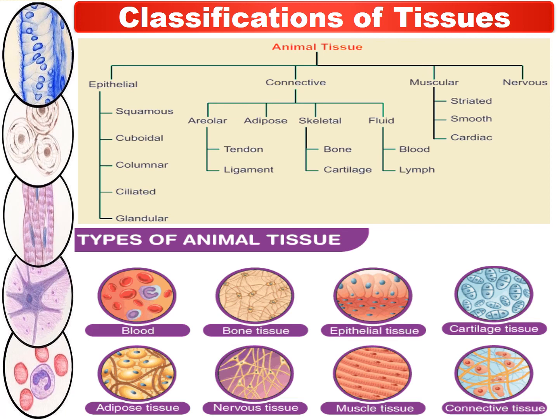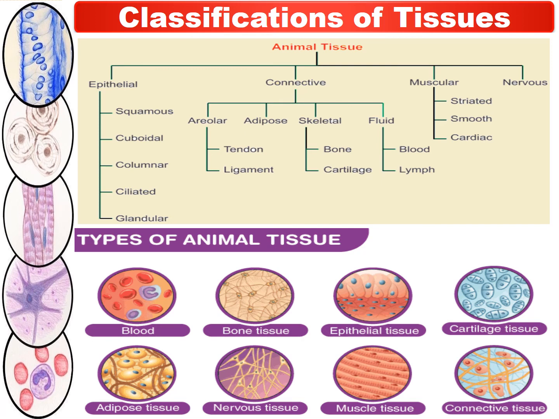The connective tissue is further divided into four subcategories. The first one is the areolar connective tissue, which is further categorized into two: the tendon and the ligament. Then the second connective tissue is the adipose connective tissue.